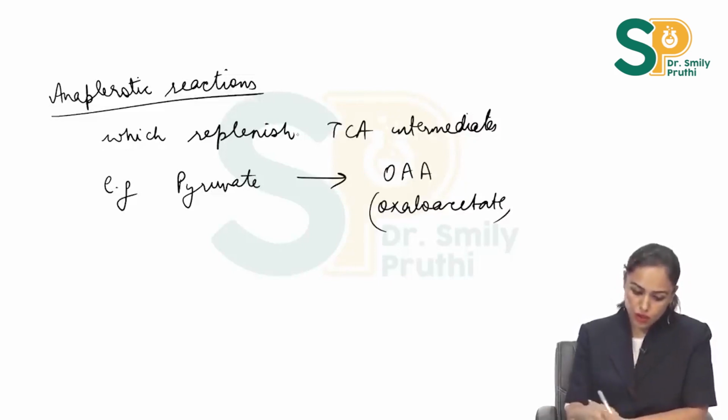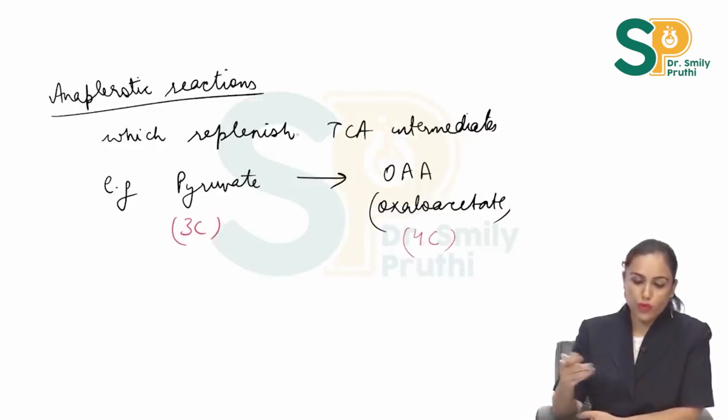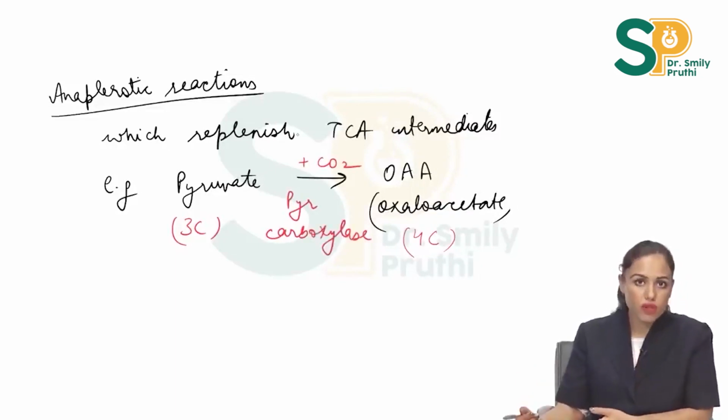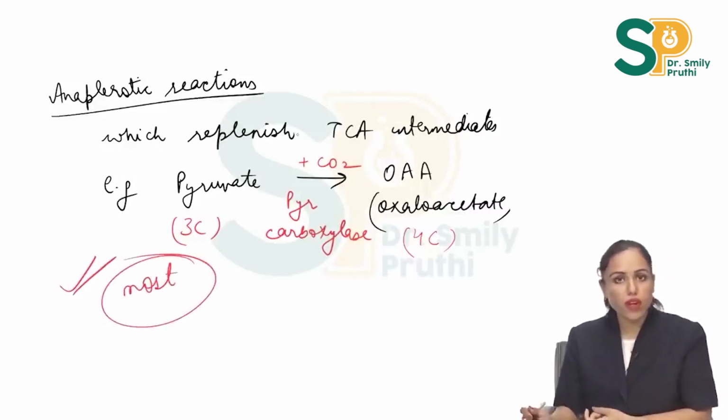See how this reaction will occur. Pyruvate is a 3-carbon compound, oxaloacetate is a 4-carbon compound. So from 3 to 4 carbon, we can simply add carbon dioxide, and the name of this enzyme is pyruvate carboxylase. So pyruvate carboxylase, which is synthesizing oxaloacetate, is the most important anaplerotic reaction.